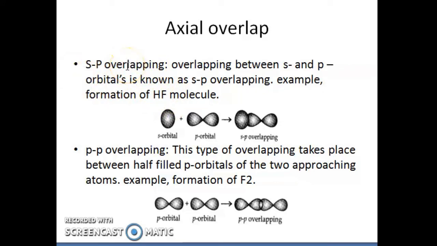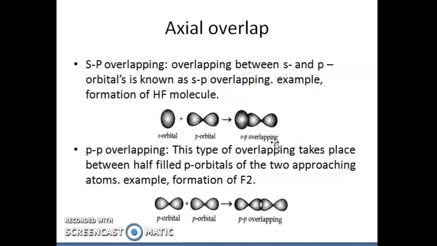The third type of axial overlapping is PP overlapping. Once again, the name signifies the orbitals that take part in the overlapping. This type of overlapping takes place between the half-filled p orbitals of the two approaching atoms.